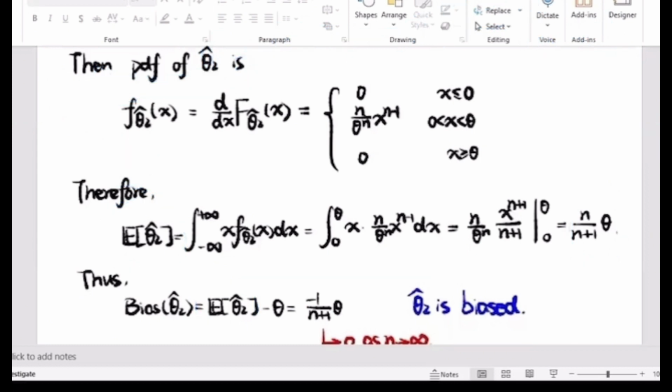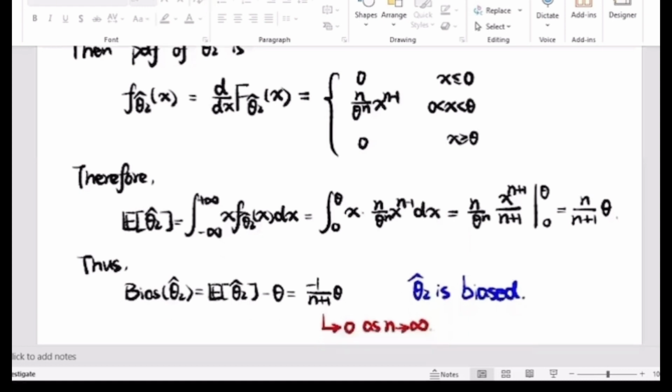Now, what have we seen here? We've seen that theta cap 1 is unbiased and theta cap 2 is biased. But let me tell you this. What if I ask you a question: even though I know that this is biased, if I go by the law of large numbers, where I work with a sufficiently large sample size, is there a possibility that the bias is going to go to zero? When bias goes to zero, that is unbiased. Because the sample size is in the denominator, when the sample size is large, that is going to tend to zero.